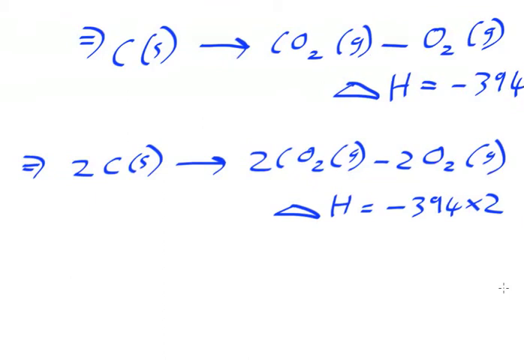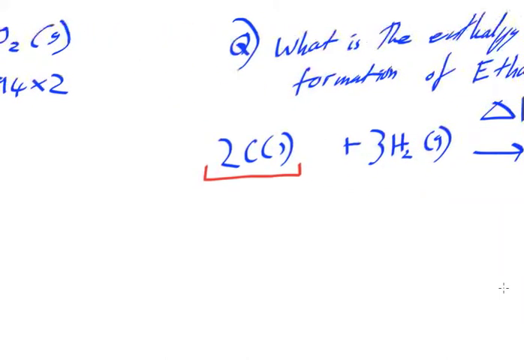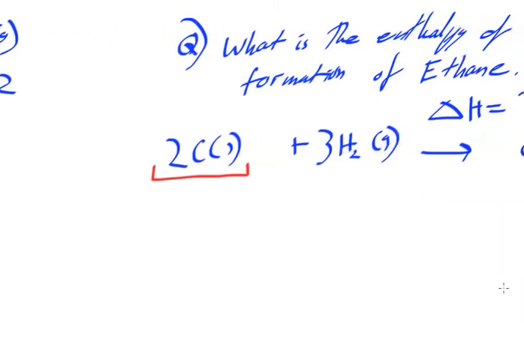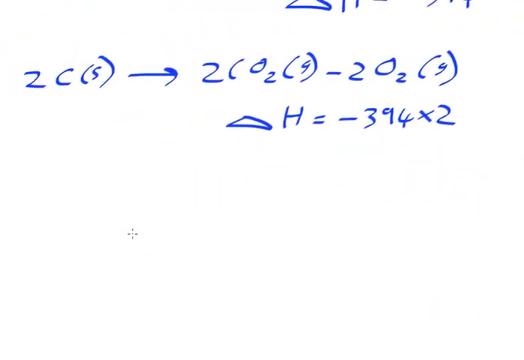Okay, let's just take that and use that in our equation. So this 2CS over here is going to become 2CO2 minus 2O2.